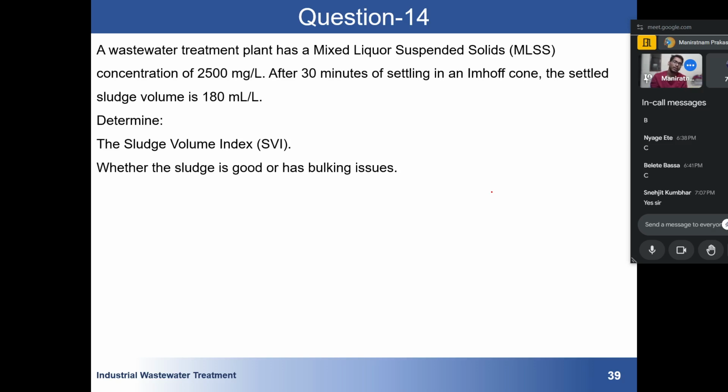Whatever I have discussed, if you have understood it, please everyone solve it.